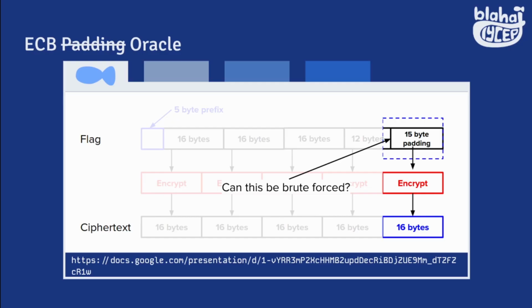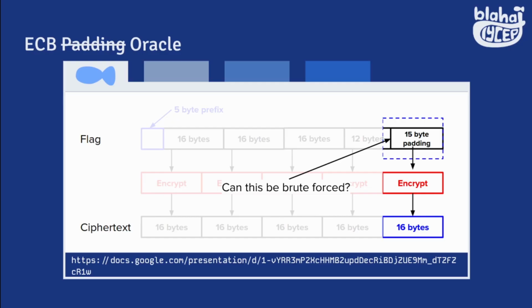Yep, excellent. What he's saying is that we have 15 bytes of padding. We know this uses PKCS number 7, so we know this is the padding, which means we know every byte except this one.